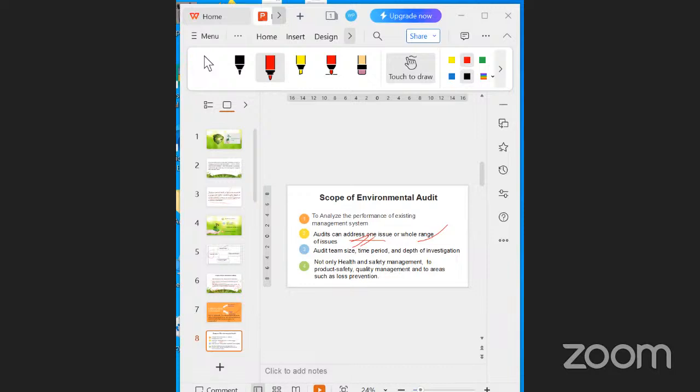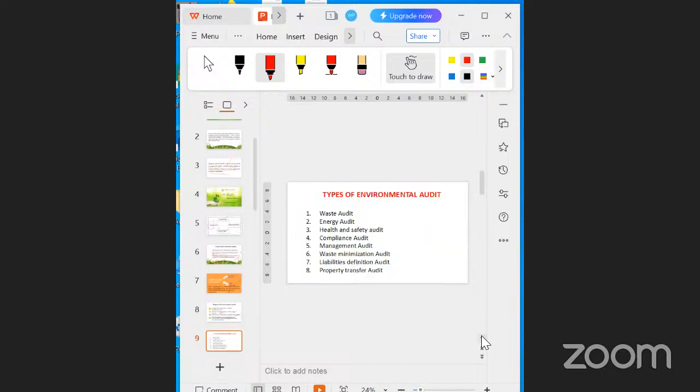And the fourth one is that environmental auditing is applied not only to health and safety management in companies' operations, but also to product safety and quality management and to areas such as loss prevention. So these are the scope of the environmental audits.